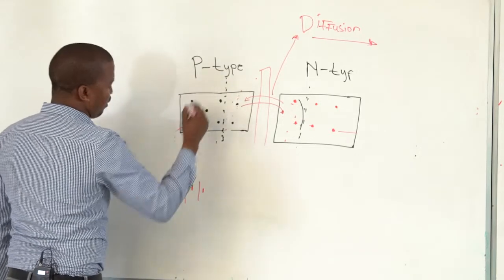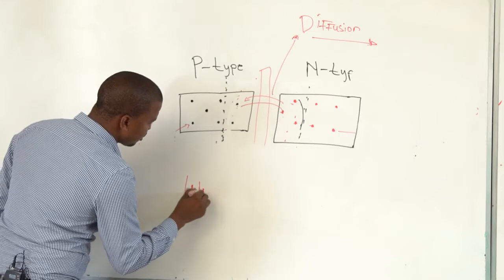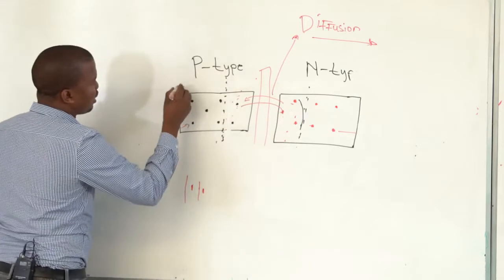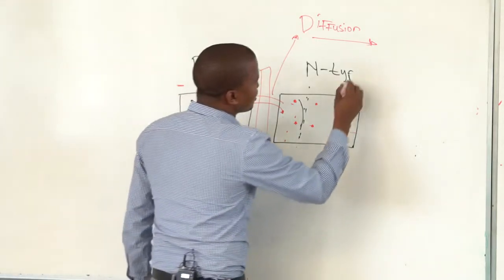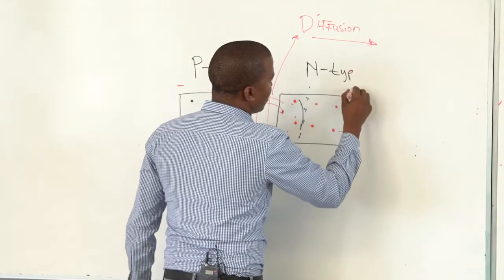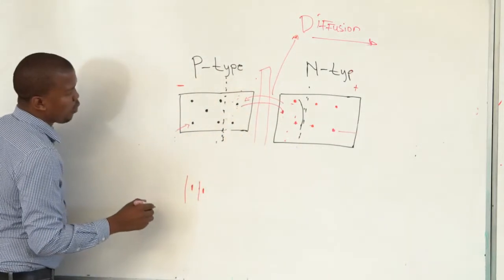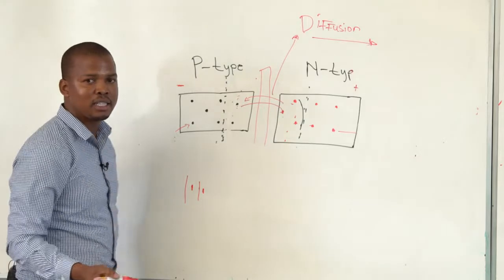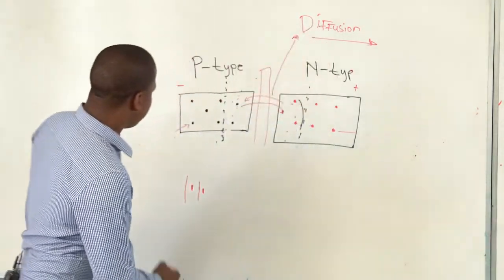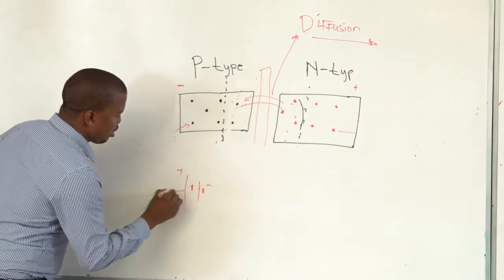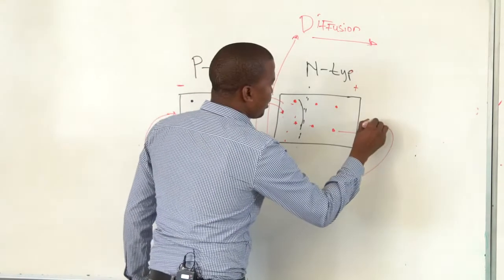Remember that a p-type has got what? Negative ions, and an n-type has got the positive ions. What happens when a p-n junction is connected across a voltage source is that, let me quickly connect this here.